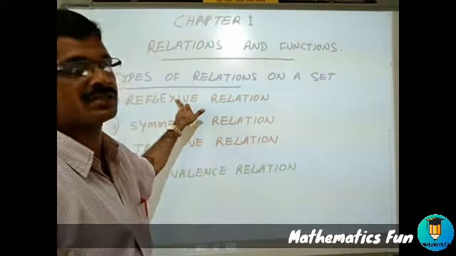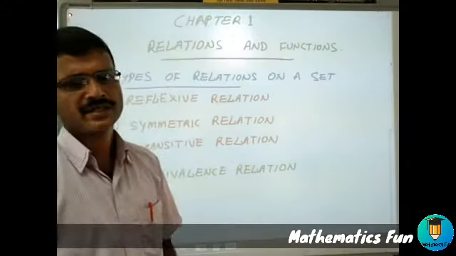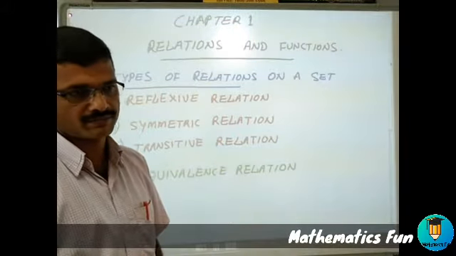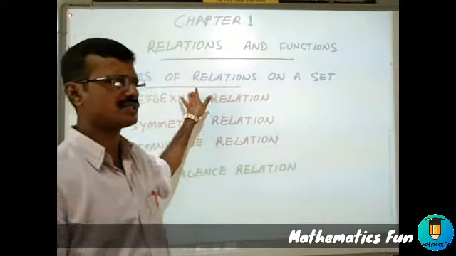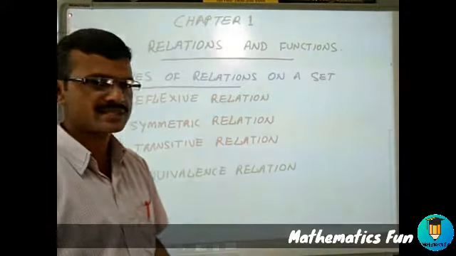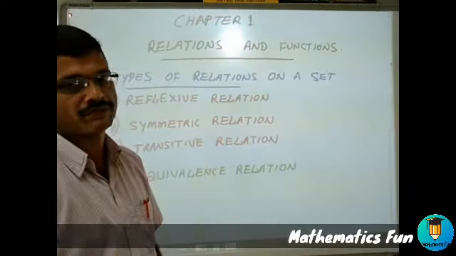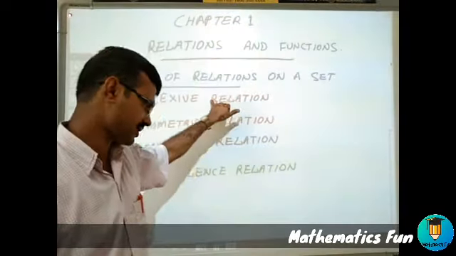For example, in geometry you studied that a triangle is congruent with itself, or a line is parallel to itself. Or in the number system, the number 5 is equal to 5. Such a type of relation is a reflexive relation.